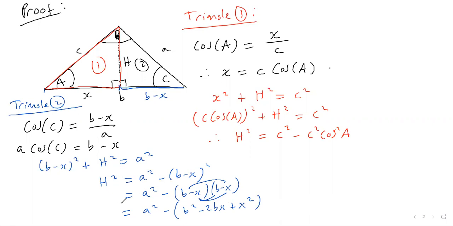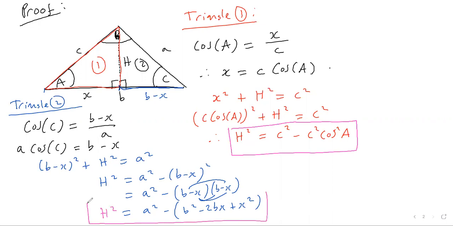So h squared is equal to that, but h squared is also equal to this as well. So let's put a box around this here. We've got h squared equals this, and h squared equals this, so both of these expressions must be equal.